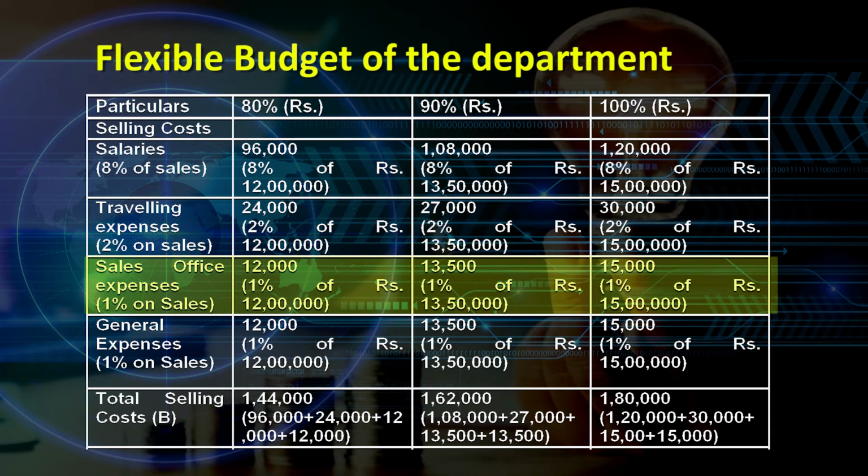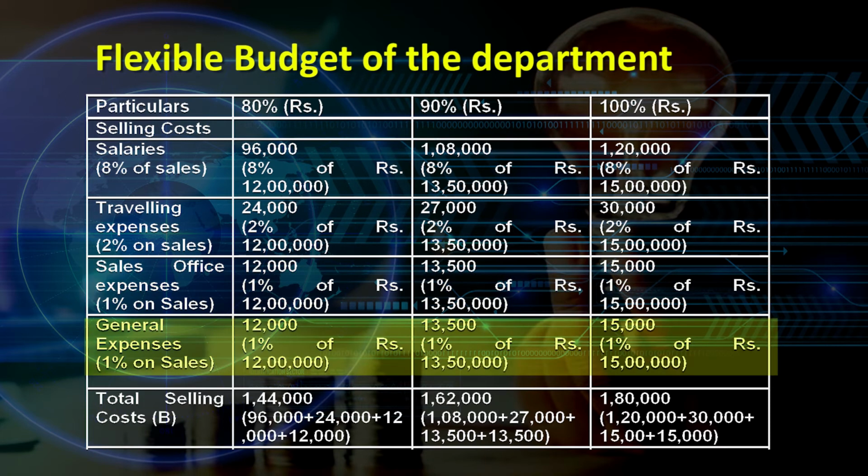The sales office expenses are to be taken at 1% on the sales. Accordingly, the sales office expenses will be calculated to be rupees 12,000, rupees 13,500 and rupees 15,000. The next is general expenses, which will be taken at 1% on sales.